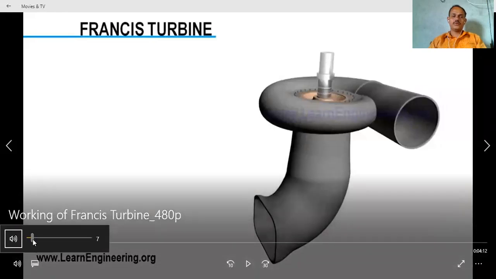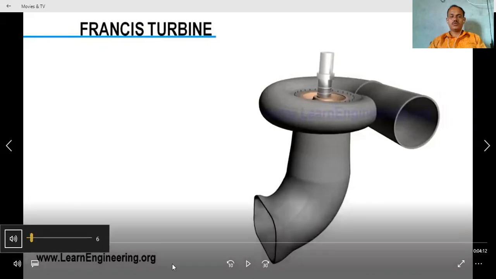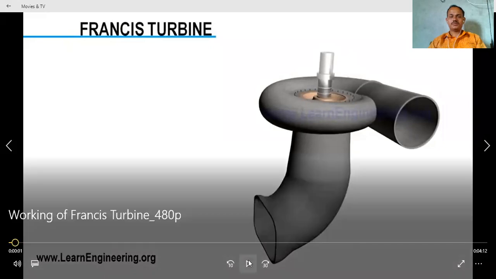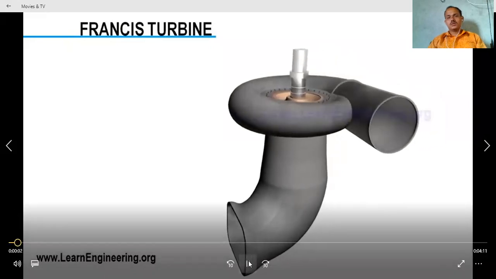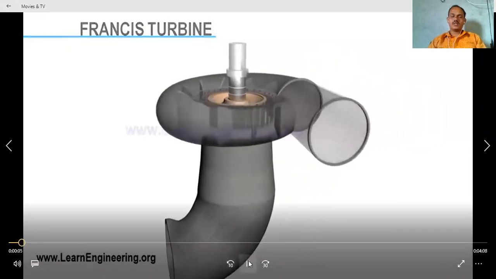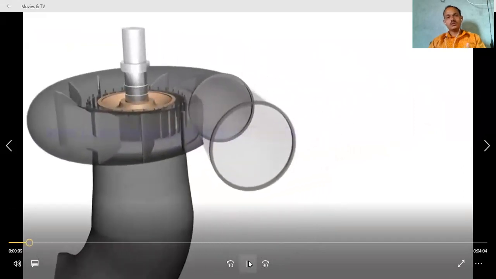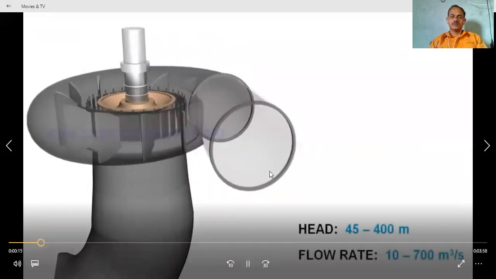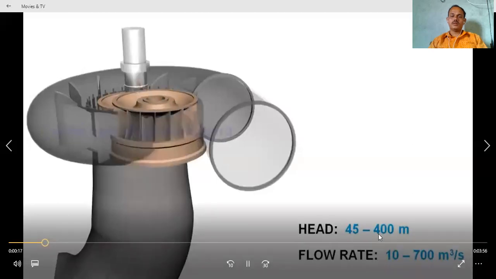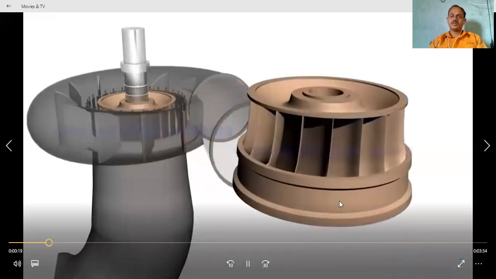So all of you see here, so you will get the working of how it works in the video. This one is the Francis turbine, which is the most effective or efficient turbine. It will operate up to 400 meters here.